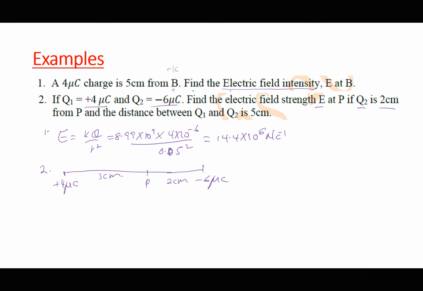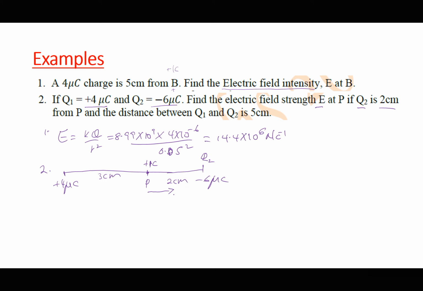So we want to find the electric field strength at point P. We imagine a unit positive charge at point P, a charge of 1 coulomb at point P, to find the electric field strength here. If we imagine a unit positive charge at P, when I consider the charge Q2, Q2 is going to attract it to the right because Q2 is positive.